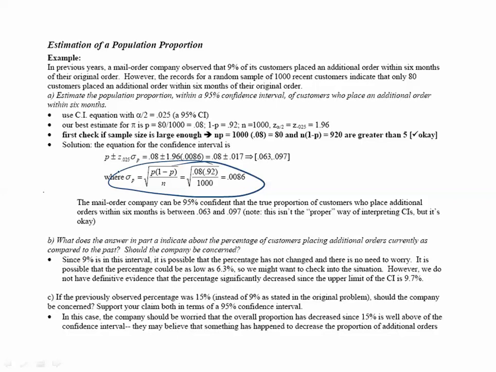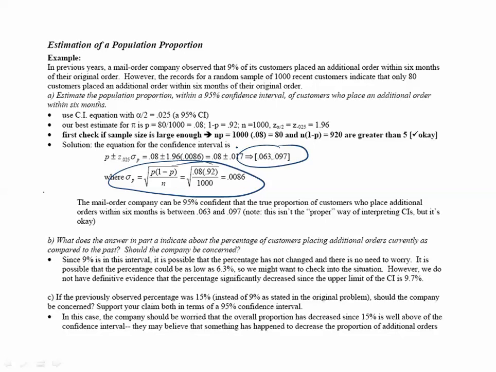We take that standard error of the proportion times our z-score. Notice that our sample size is large, so our t-distribution is going to be very close, if not exact, to our z-distribution. And we would find that if we sampled the entire population, we would expect that somewhere between 6.3 and 9.7% of the population will come back with a return order.